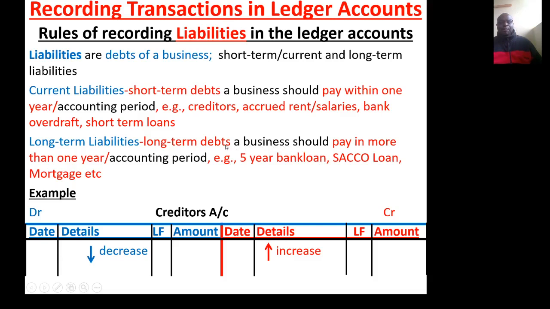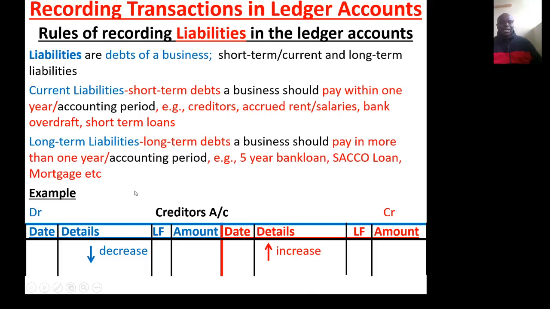So you'll not pay that debt in the short term or all of it in 1 year, but staggered for 5 years. So that is a long-term debt. Then you have circle loans. Most of the circle loans are long-term debts, mortgage, etc.